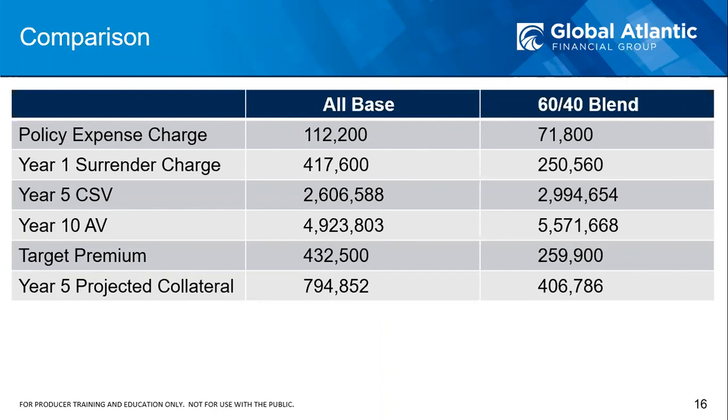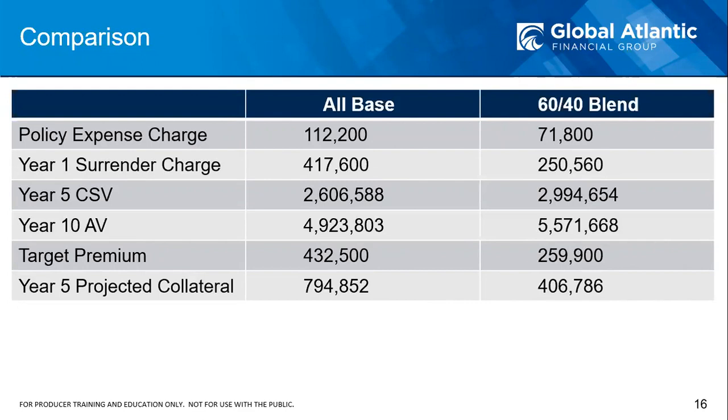So this is where term blend really comes into play, helping out these tougher cases, the rated cases where you're in competition, older ages, makes the premium finance design go a little bit better. Yeah, you're sacrificing some compensation, but you may get the sale where if you didn't utilize a term blend, you may not get it.